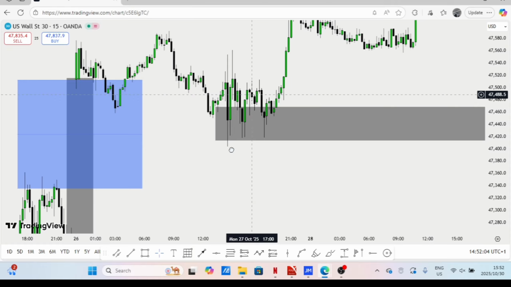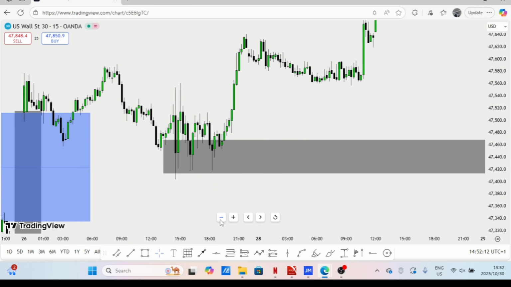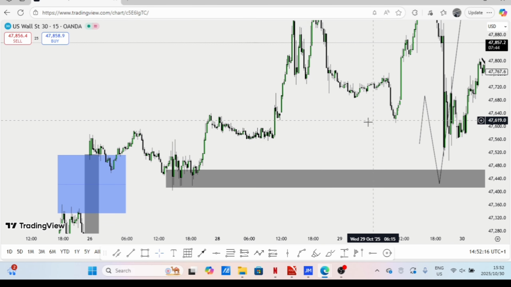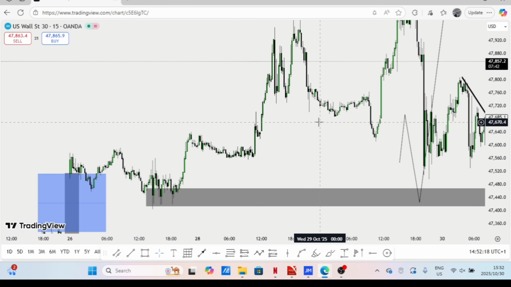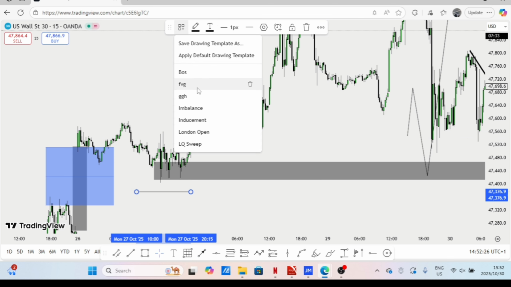So as you can see, this is the only zone right here that had not been mitigated since the beginning of this week. The movement of the market is very simple. Let me just label it right over here.